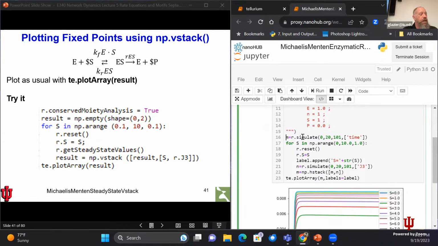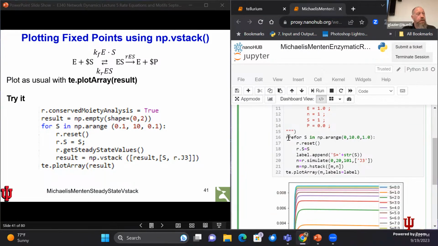And now let me try that. Please try it yourself, follow along, see if it works. Result equals, and there are other ways of getting a blank empty array in NumPy besides this one that may be prettier.